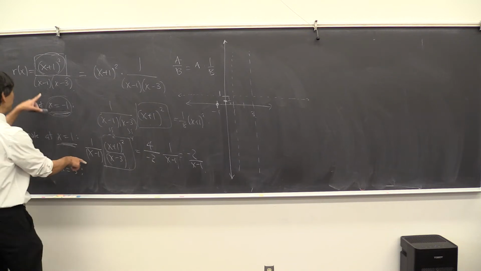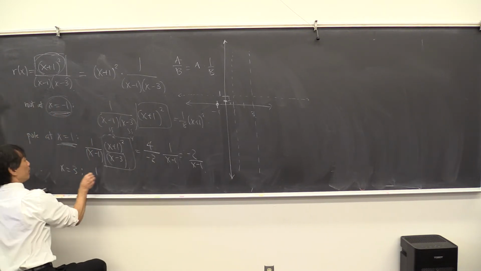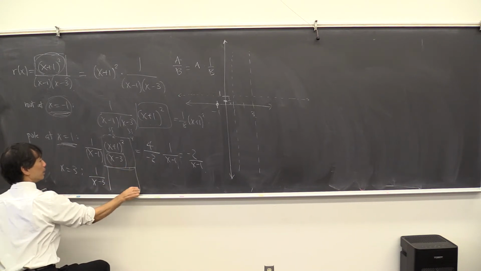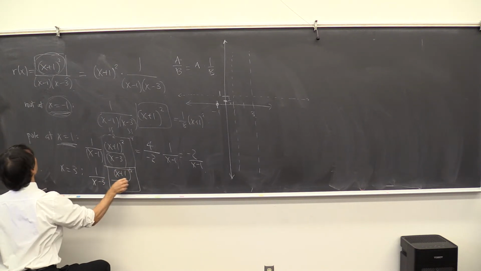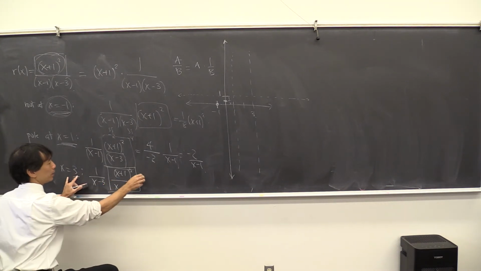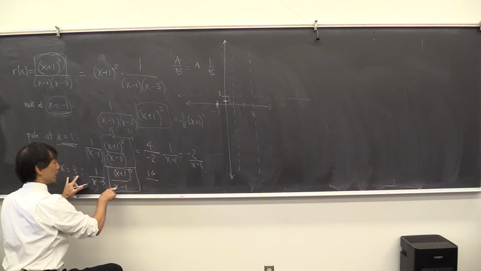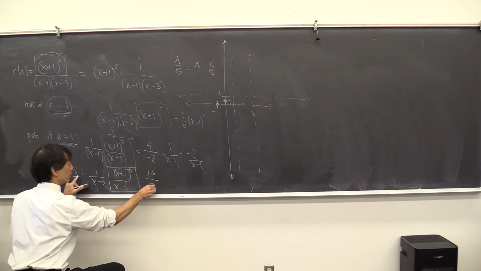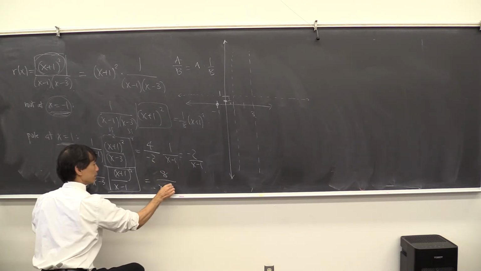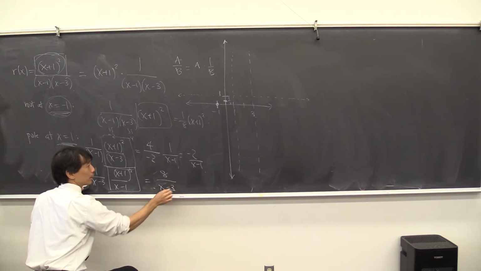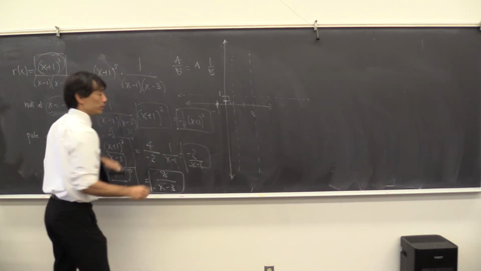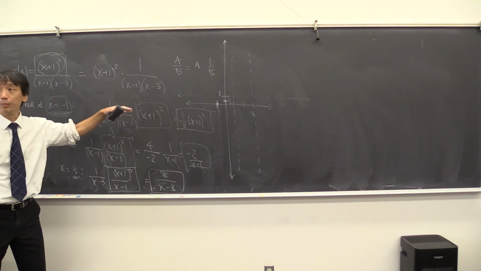And then the last one, we factor out the x minus 3 term, and we're left with this thing, x plus 1 quantity squared over x minus 1. And so you plug in 3 into this, you get 4 squared, which is 16. You get 3 minus 1, which is 2. And so we end up with 8 over x minus 3. So those are our three, that's what happens near the poles and roots.